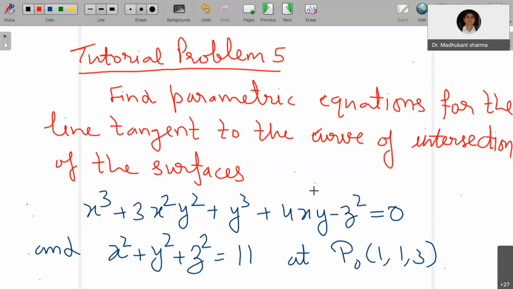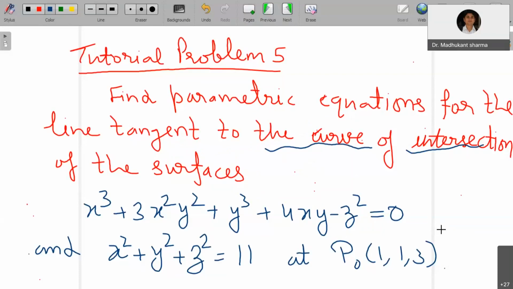So it's very clear, and in the statement also, the problem asks you to find the parametric equation for the line tangent to the curve of intersection of the surfaces. So your interest is where it cuts, and at any point of that curve, what will be the equation of the tangent line?